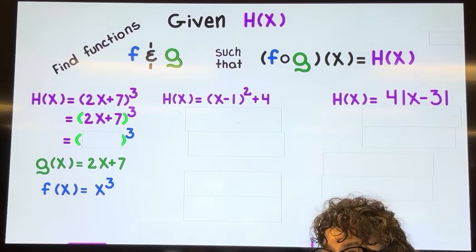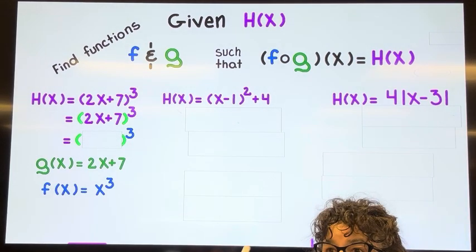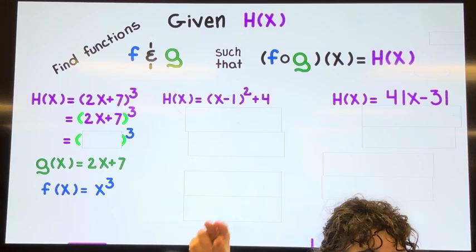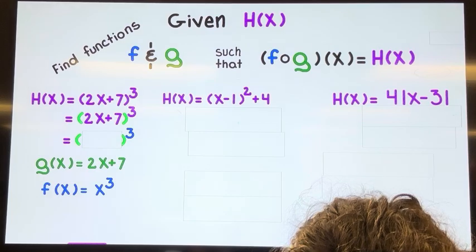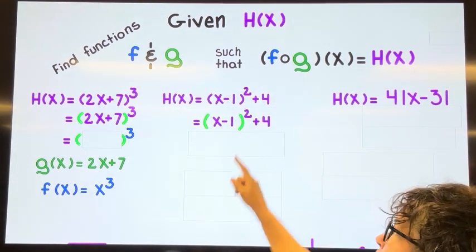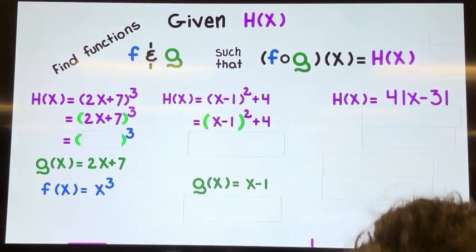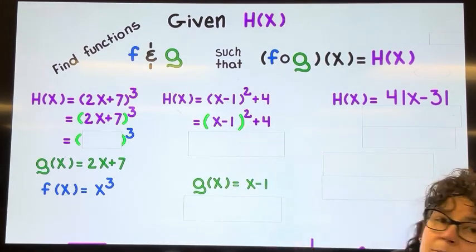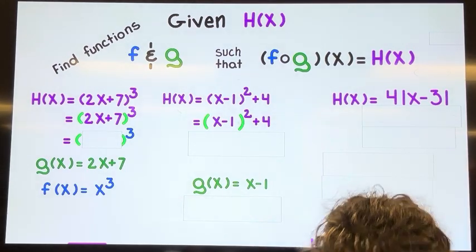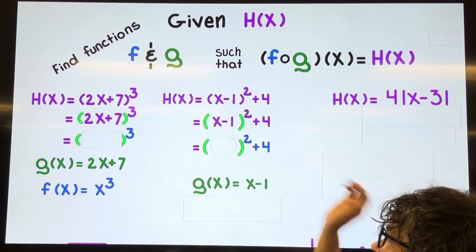So one major strategy is wherever the grouping symbols are, what's inside grouping symbols is your input function. So in this one, here's my set of parentheses, and what's inside of that is x minus 1. So I'm going to say that my input function g is x minus 1. Then I'm just going to cover up the x minus 1.